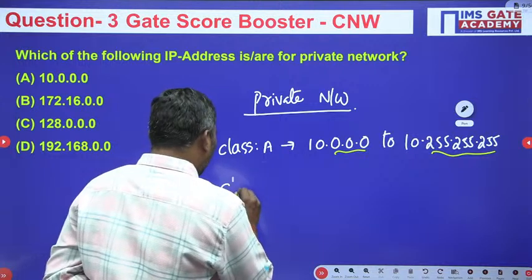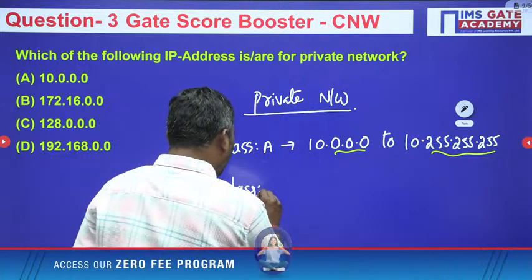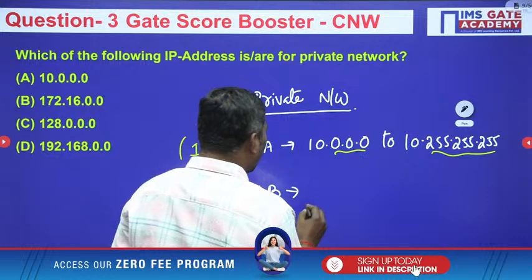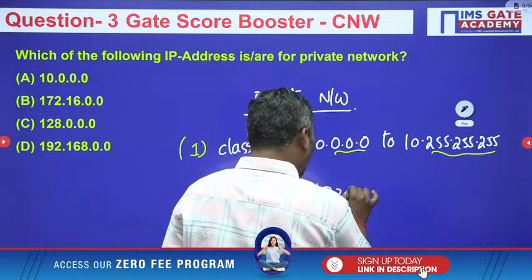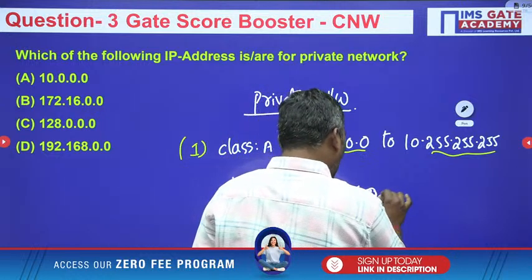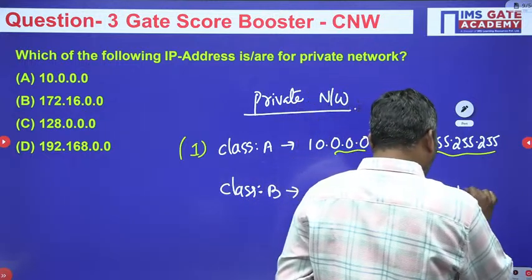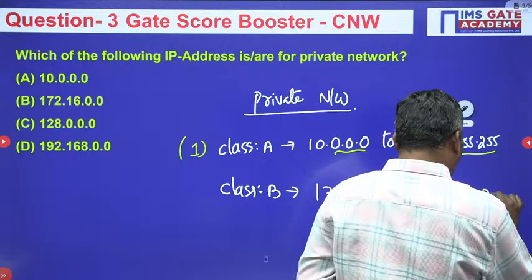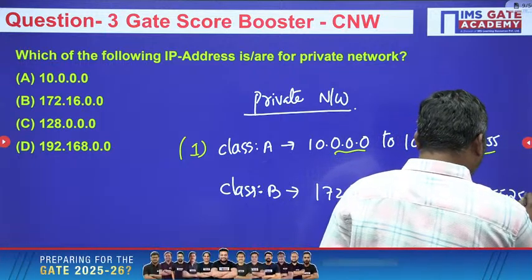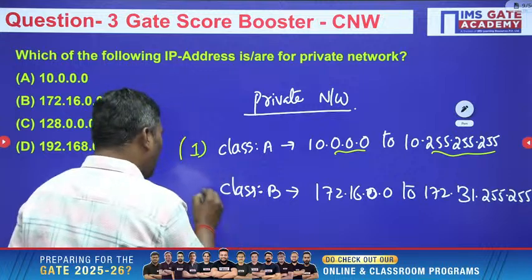So class B. If I take class B, from class B, you know, 172.16.0.0 to 172.31.255.255. You understand here class B, 16.